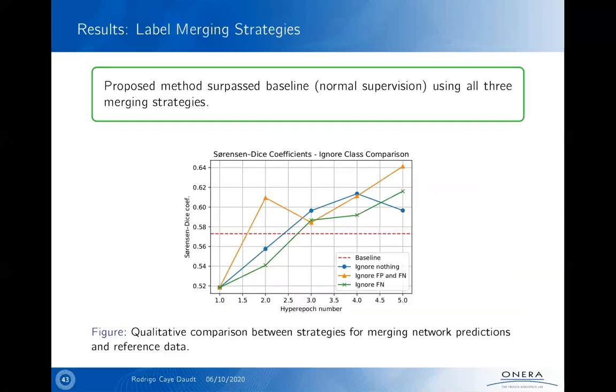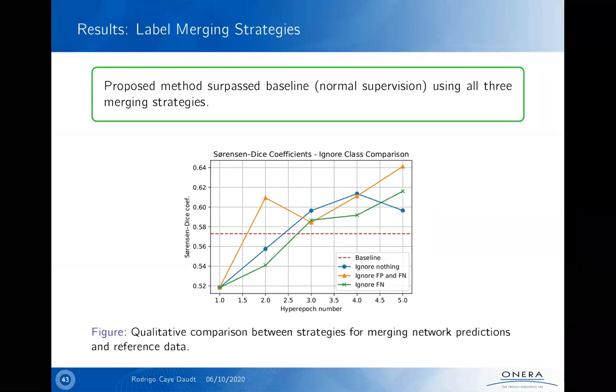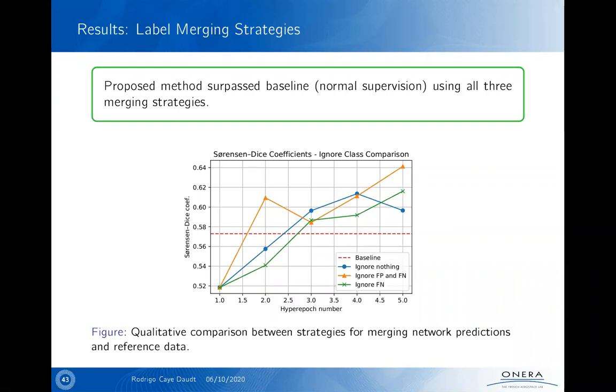The 2 main ones that I want to show you here, the first one is, remember before I told you there were 3 strategies to merge the network predictions with the reference data. And here we're comparing all 3 of them in blue, green, and orange.